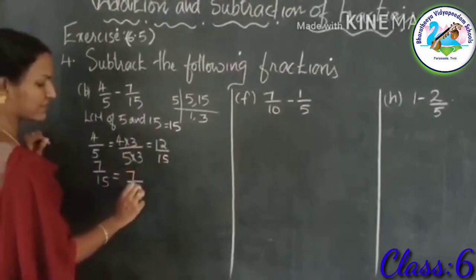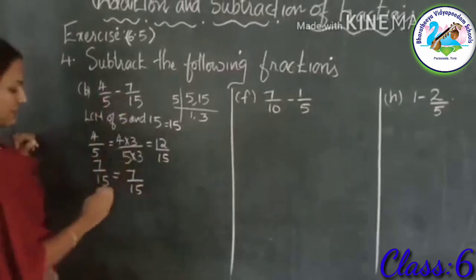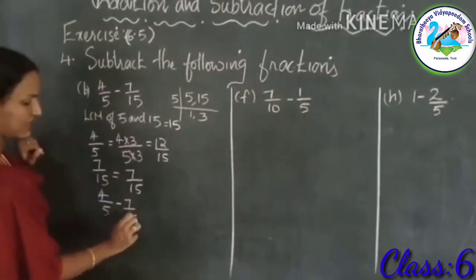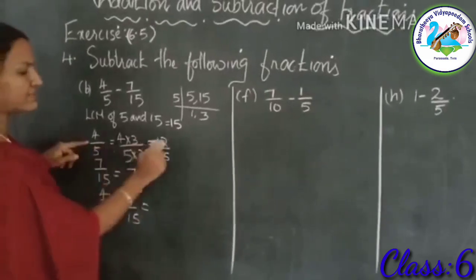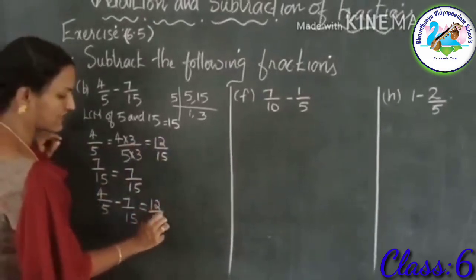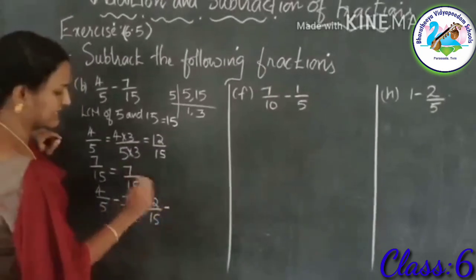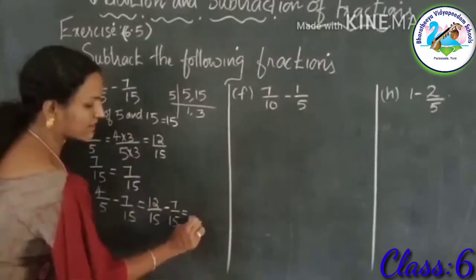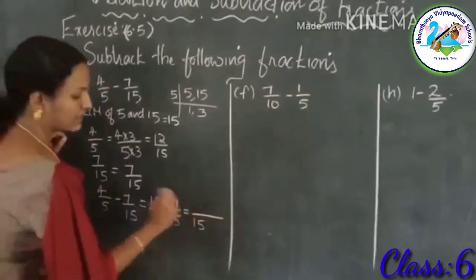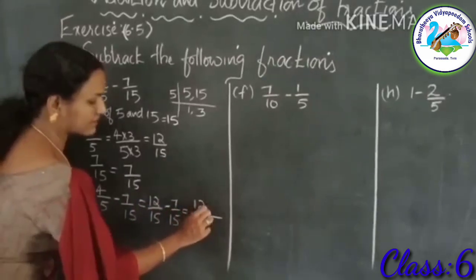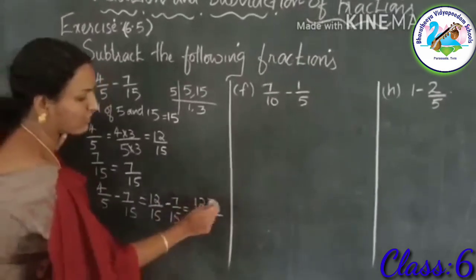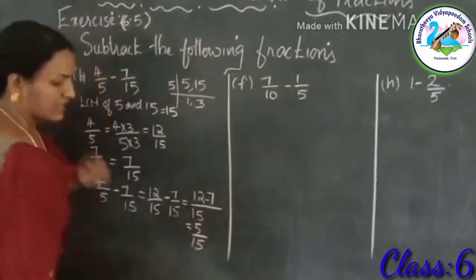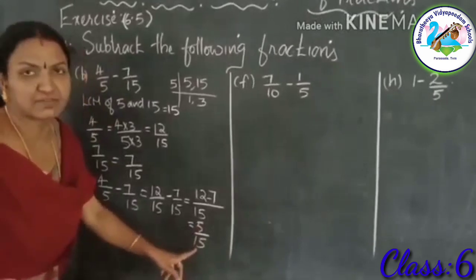Then subtract: 4 by 5 minus 7 by 15 is equal to 12 by 15 minus 7 by 15, common denominator 15. Subtract the numerators, 12 minus 7 is 5. So 5 by 15.